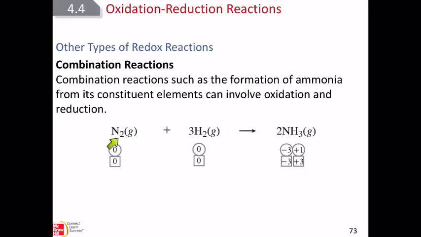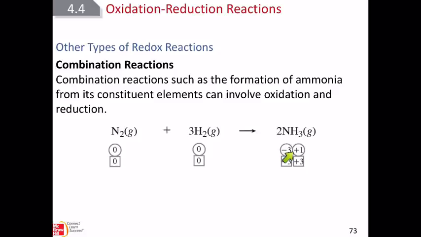So here we've got nitrogen, and its oxidation number is going to be 0. This is the element. Here we have the element hydrogen. It's going to have an oxidation number of 0. And then over here we have a molecular compound of nitrogen and hydrogen. So we've got this competition, and we have to say F, H, O. Fluorine, no. Hydrogen, yep. Hydrogen gets what it wants.